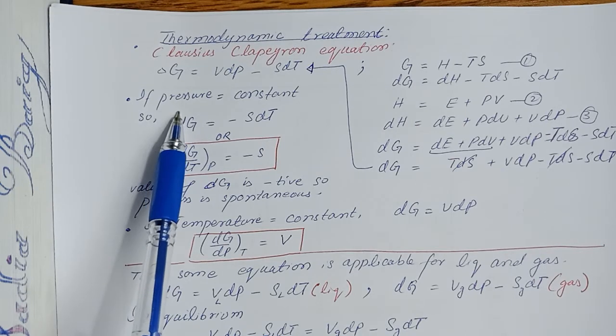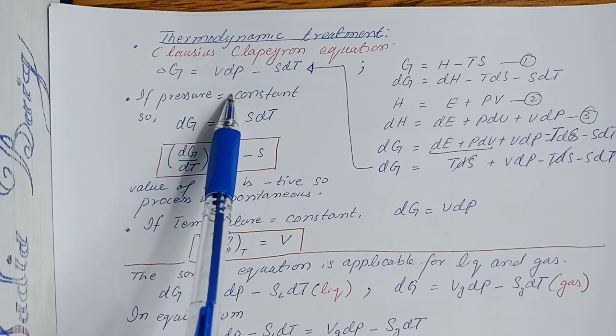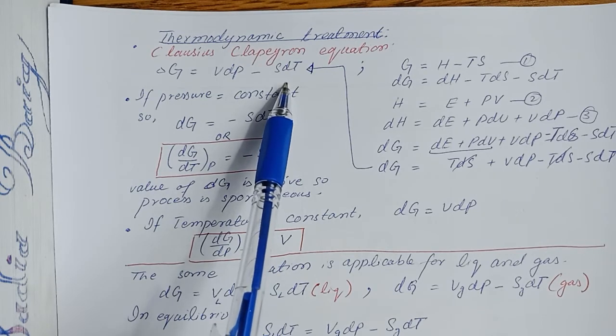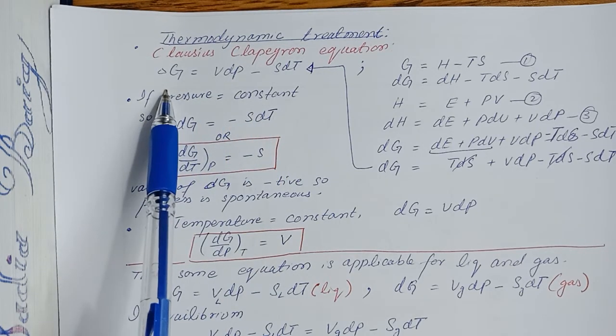So here we have two parameters, pressure and temperature, which are variables for the change of Gibbs free energy.